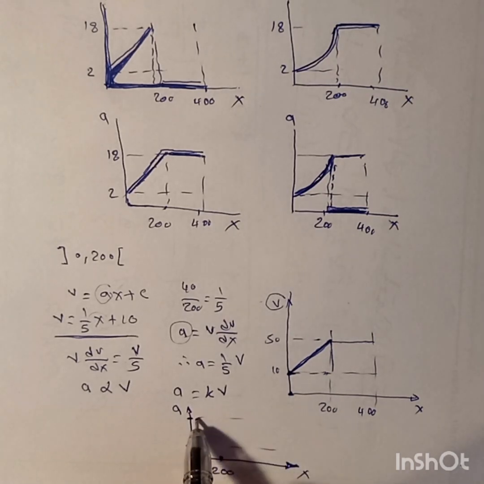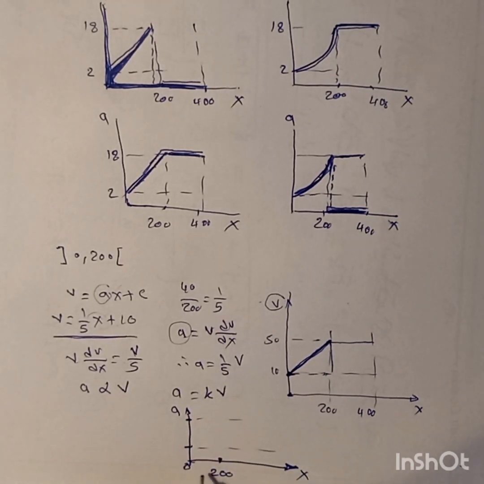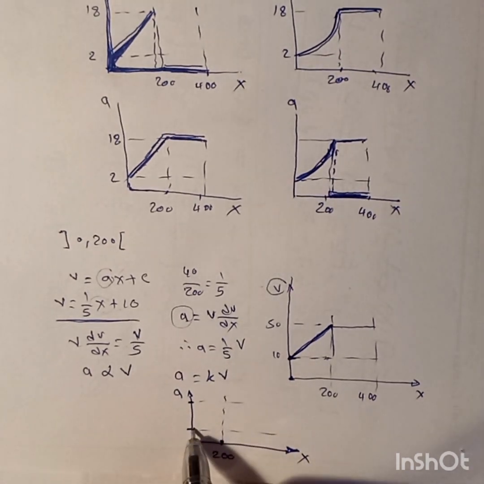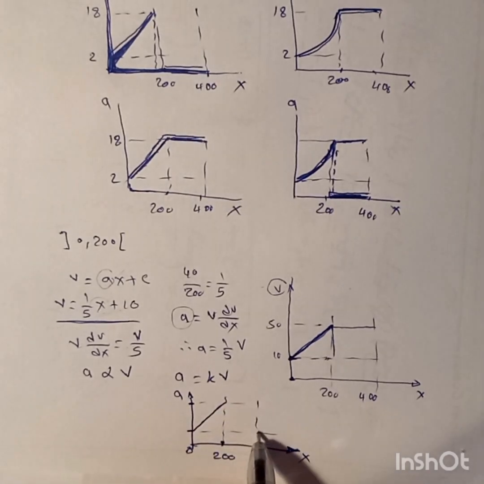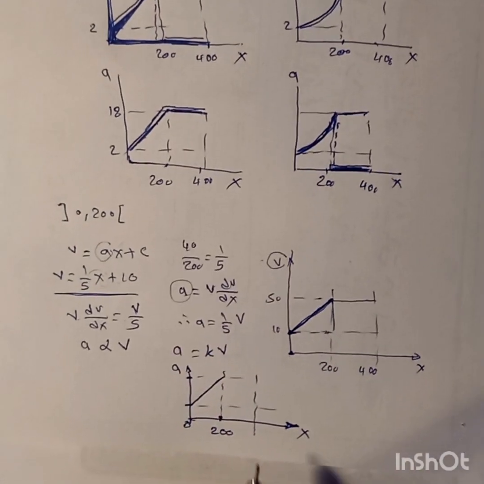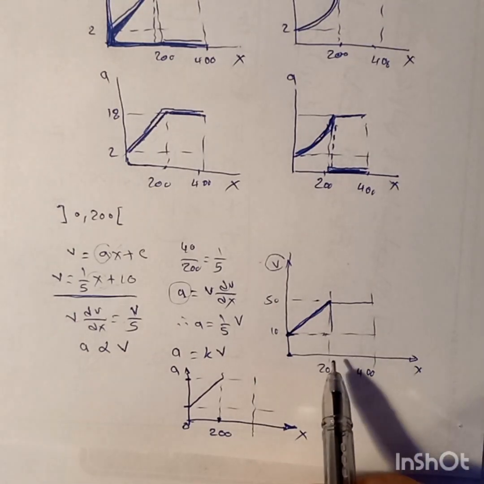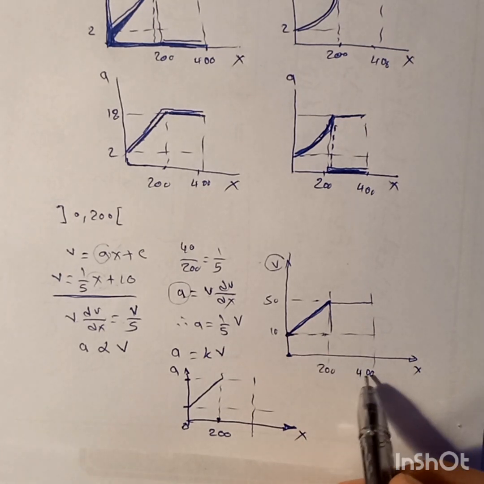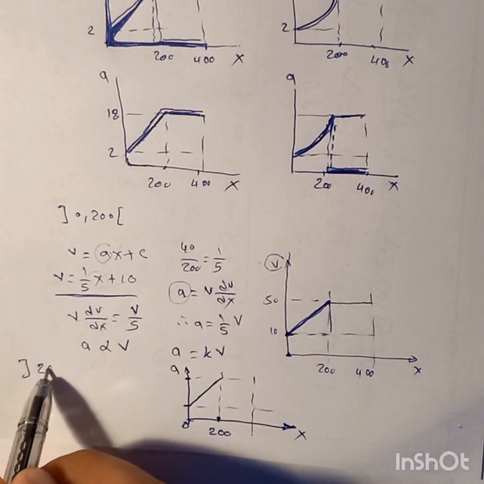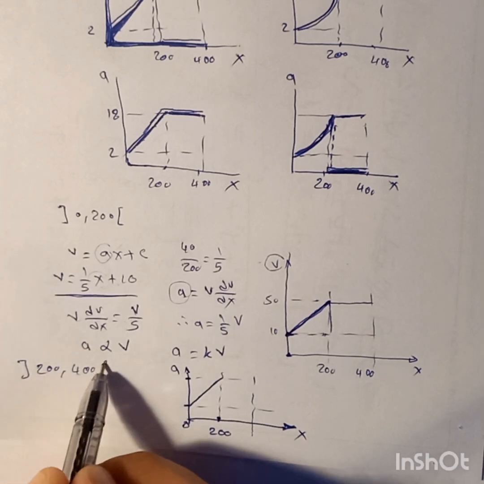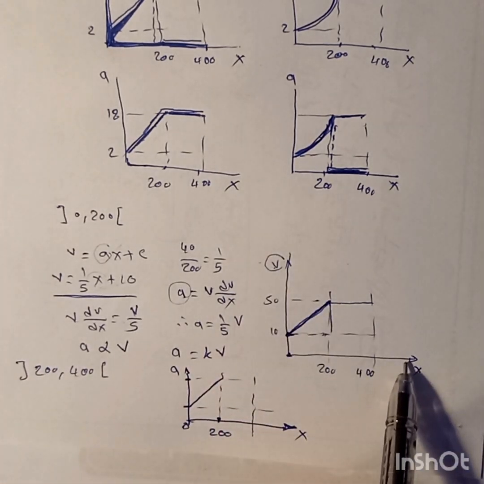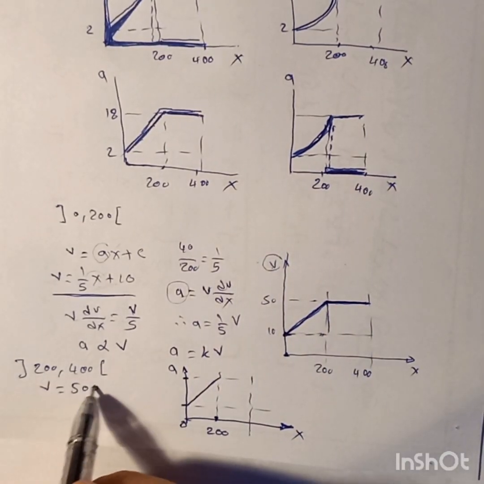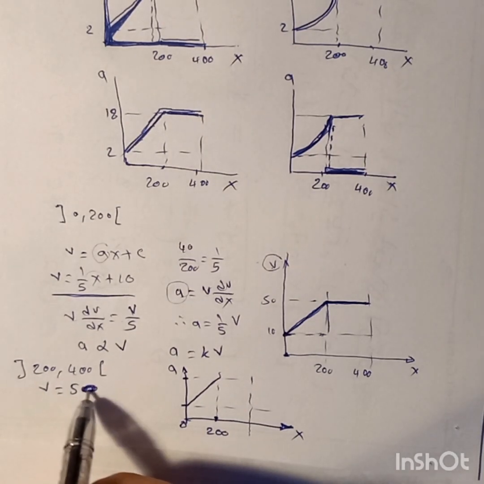During this x interval from 0 to 200 we have a linear relation, a straight line like this. This is the first zone, x representing the position or displacement of this moving body. From 200 to 400, the relation between v and x is constant, v equals 50 units.